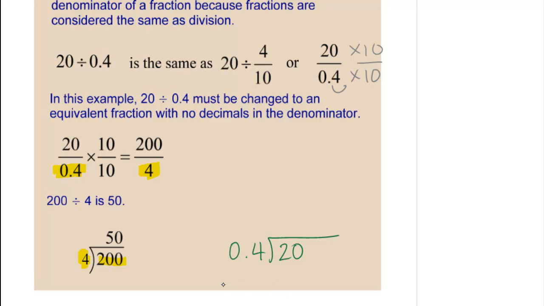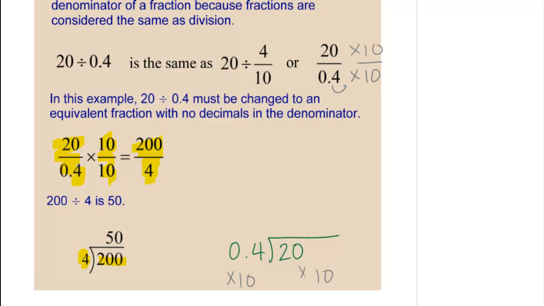And if I multiply my divisor by something, I have to multiply my dividend by something because we're basically making this an equivalent problem. We're keeping the problem the same value. As we saw with this example here, multiplying by 10 over 10 is the exact same idea to keep our problem equivalent or keep our fraction equivalent.